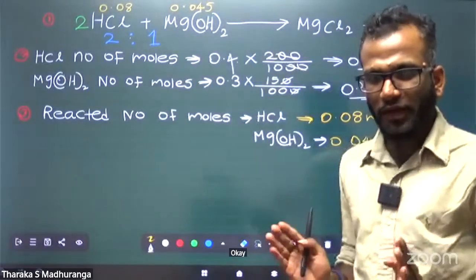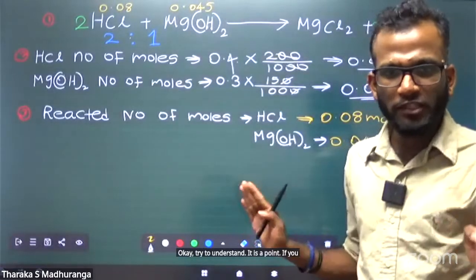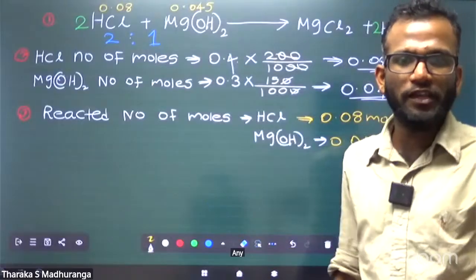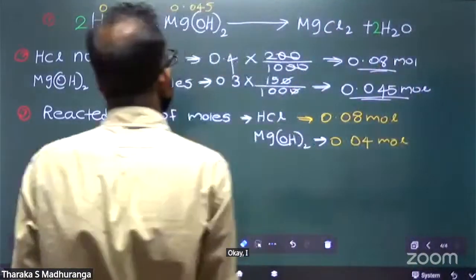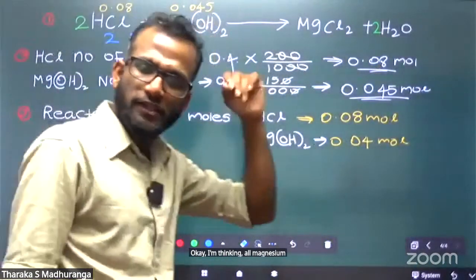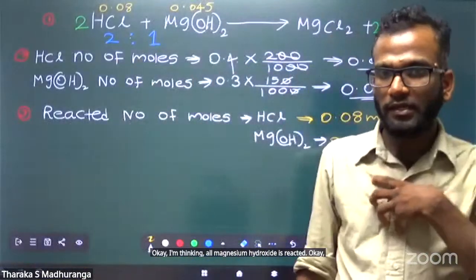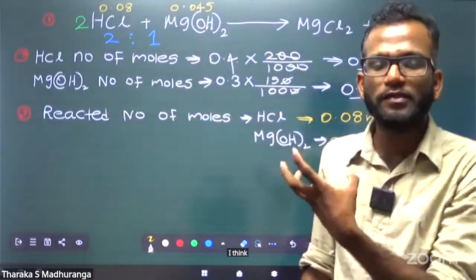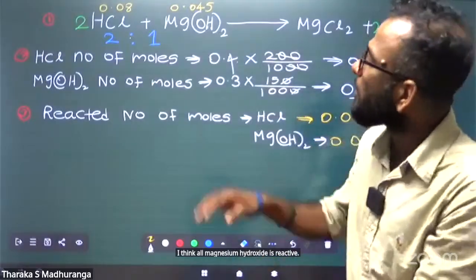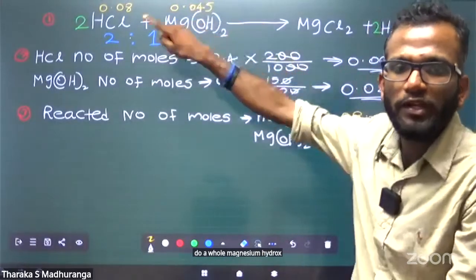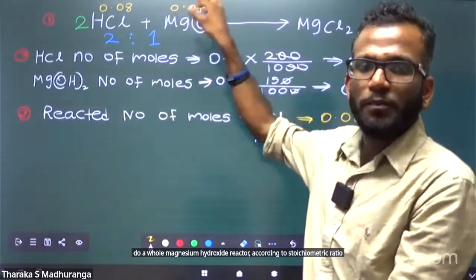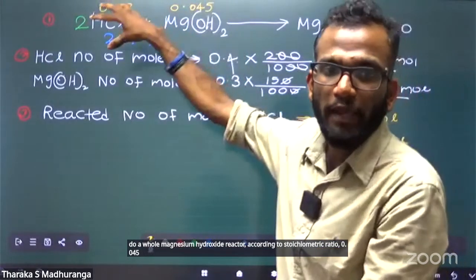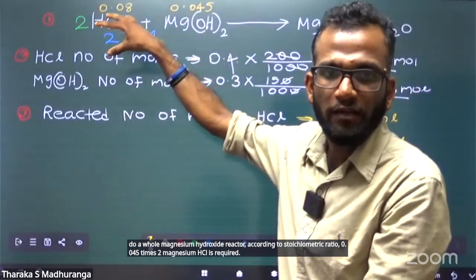Okay, try to understand. It is a key point. If you understood this point, you can do any question. Okay, I think all magnesium hydroxide is reacted. To react all magnesium hydroxide, according to the stoichiometric ratio, 0.045 times 2 of HCl is required.